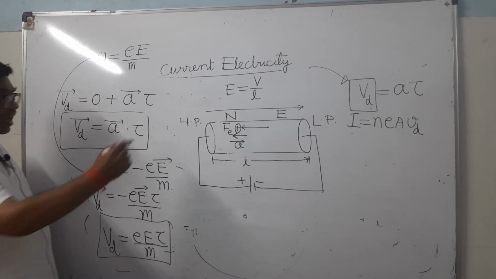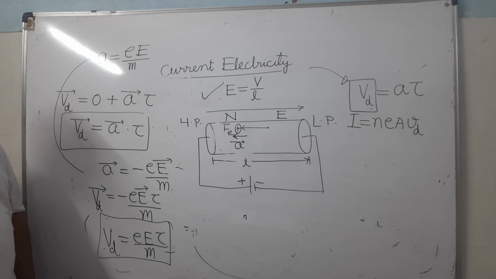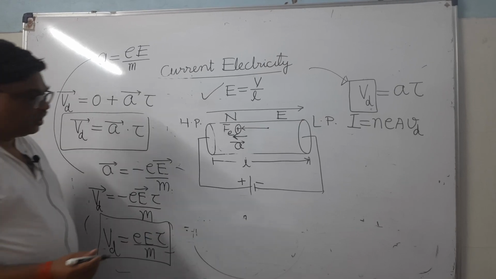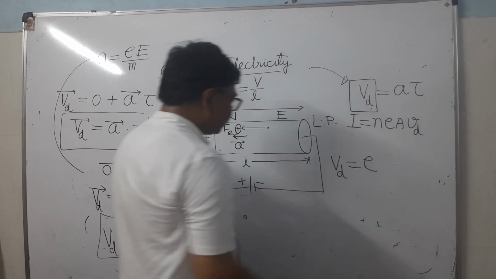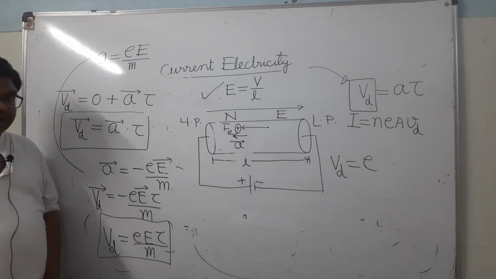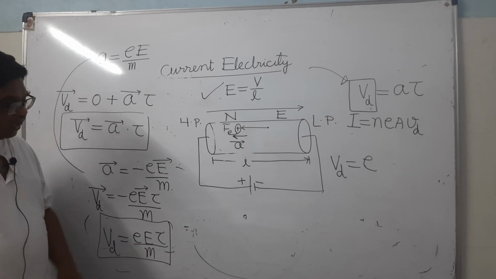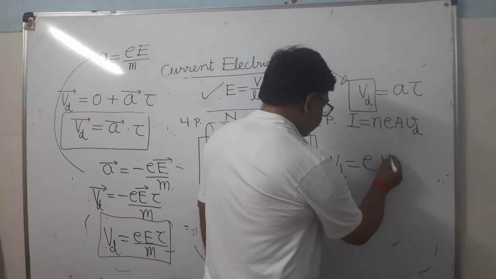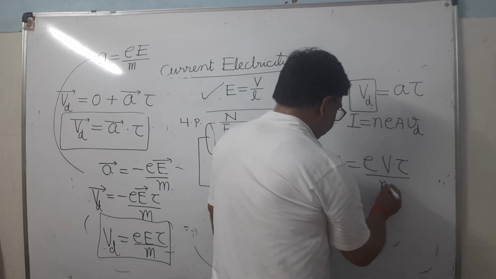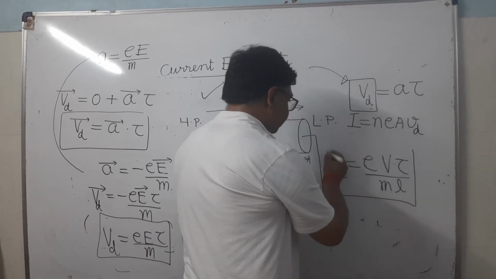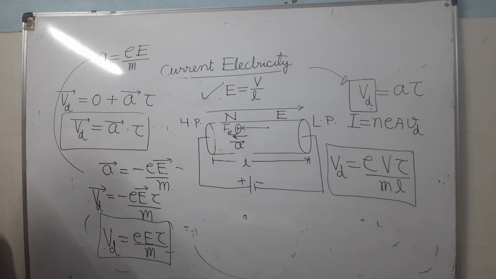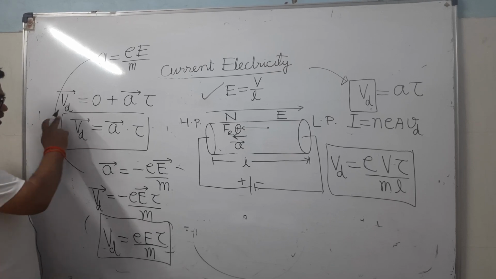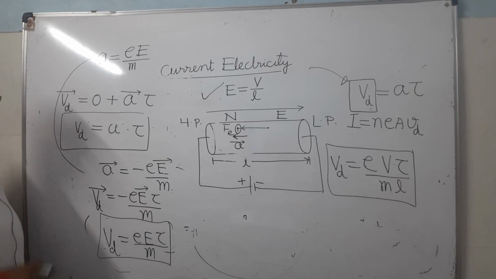Now as you know that E can be written as V upon L. When you write this, Vd equals to, in place of capital E you can write V upon L, so it will become e V tau upon m into L. So these are the expressions for the drift velocity. It's clear? In scalar form also you can remove this sign, and in scalar form it will become this.